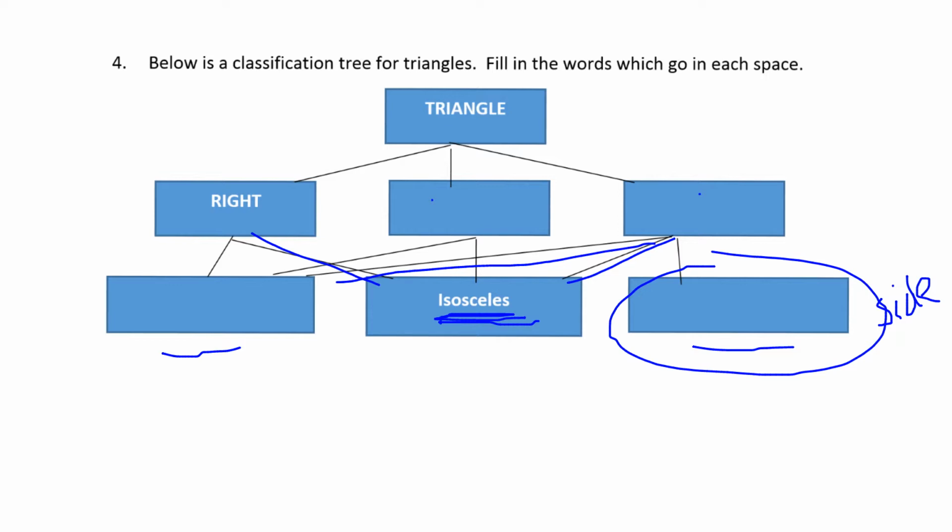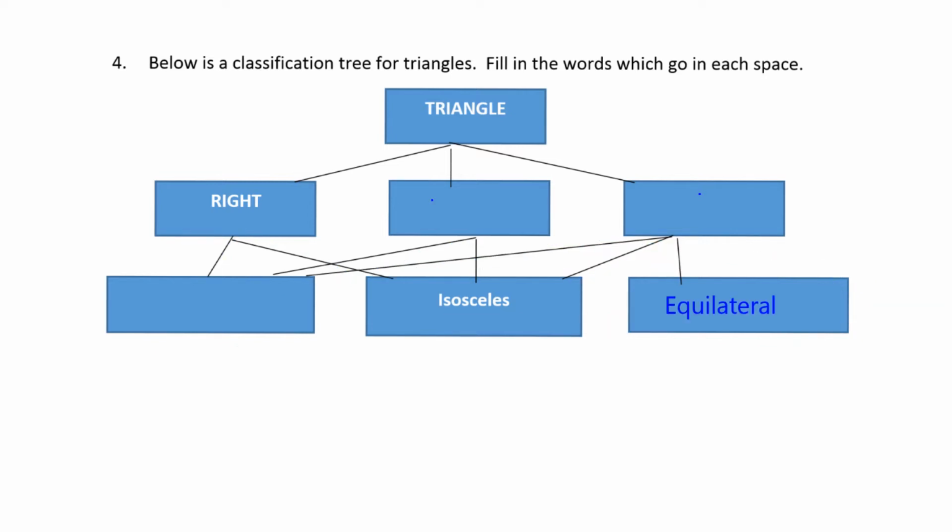Also, we have the right triangle here. Whatever this one is here, is being made by this one, and this one. So we know that couldn't be the equilateral triangle because the equilateral triangle can only be made by the acute. So since that's the case, we are actually going to label this one here the equilateral triangle. So I'm going to do that now.